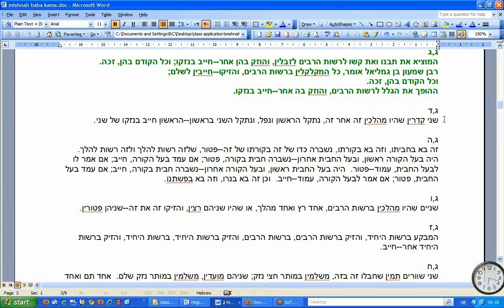Shnei kedarim, shahaya mahalchen, zeh achar zeh. There's two people carrying clay pots, one after another. So niskal harishon v'nafal, the first one trips and falls.